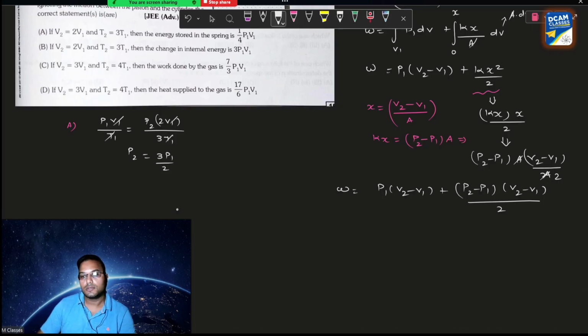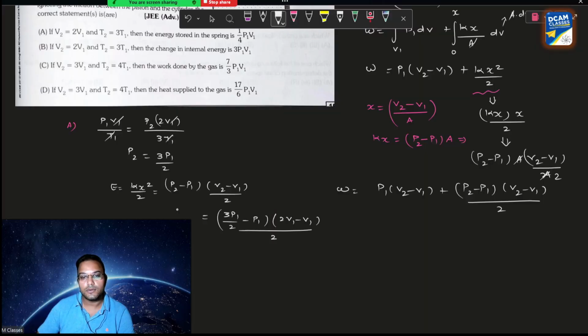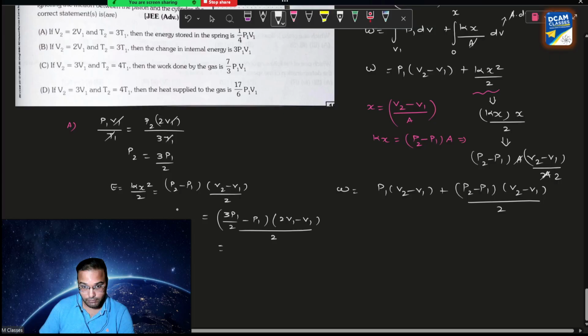So the energy stored in the spring, E equal to k x square by 2, will be equal to (P2 minus P1) into (V2 minus V1) by 2, which is (3P1 by 2 minus P1) into (2V1 minus V1), whole divided by 2, which is P1 V1 by 4. This is the energy stored. So option A is correct.